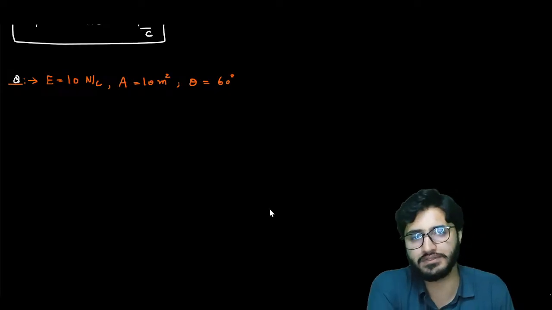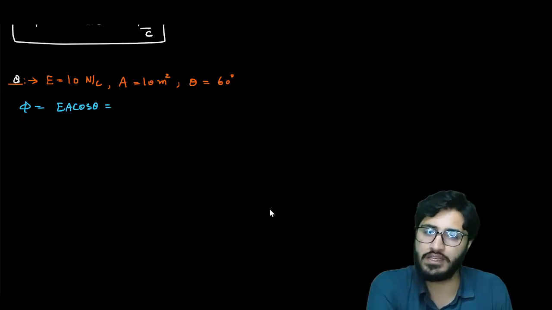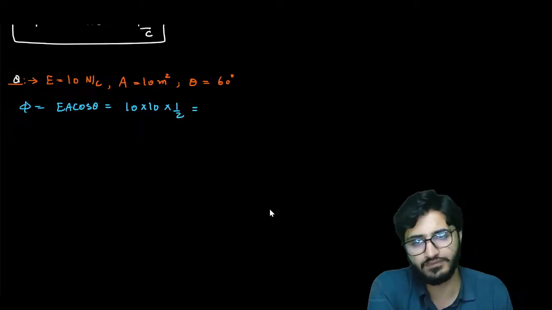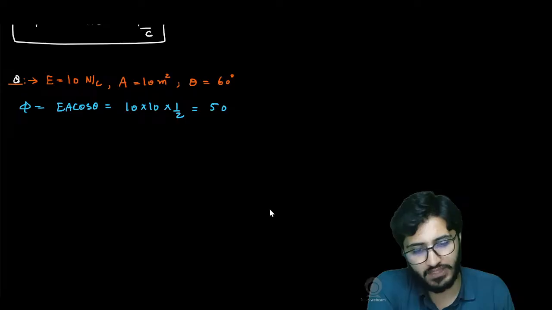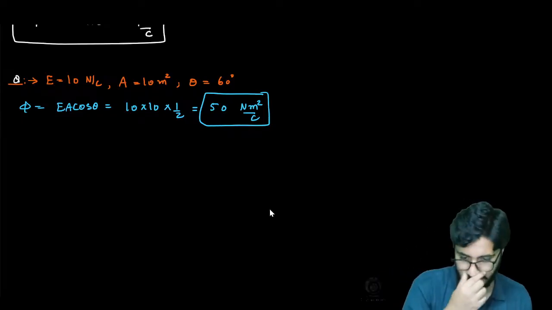How to get my answer? Simple. Phi equals EA cos theta. E is 10, A is 10, cos 60 is 1 by 2. My answer is 50 newton meter square per coulomb. Done?